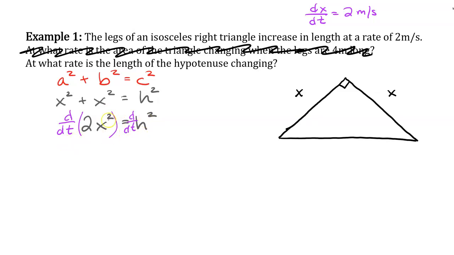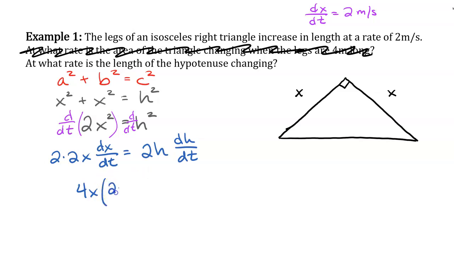Okay, so 2 times 2x dx/dt and 2h dh/dt. So that gives us 4x times 2 meters per second equals 2h dh/dt, and the rate that the length of the hypotenuse is changing, that means that I'm trying to solve for dh/dt.